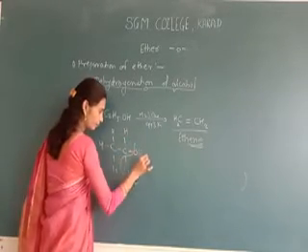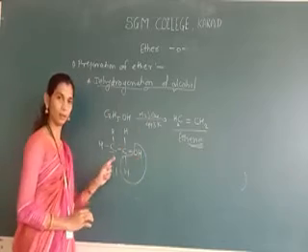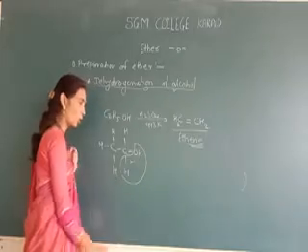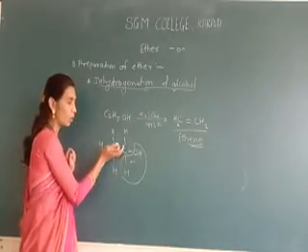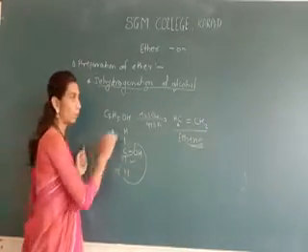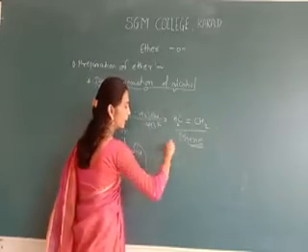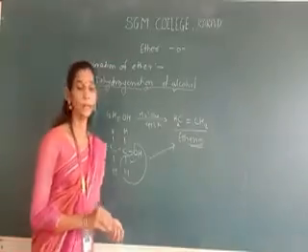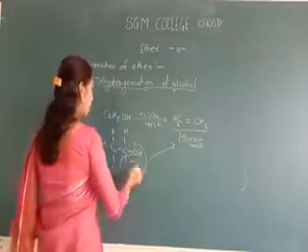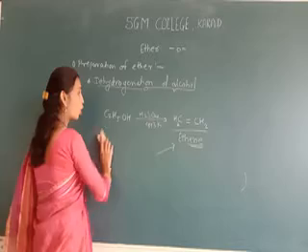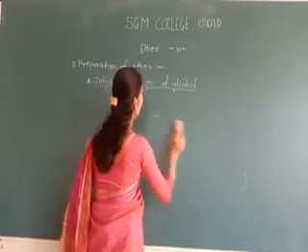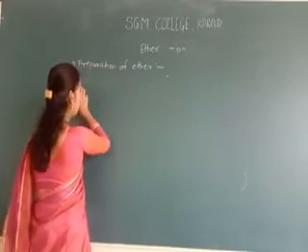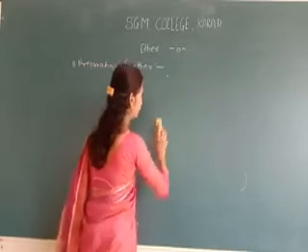Dehydrogenation means removal of this water molecule, and the single bond is converted into a double bond, therefore ethene will be produced. This is the dehydrogenation of alcohol, that means preparation of our ether.